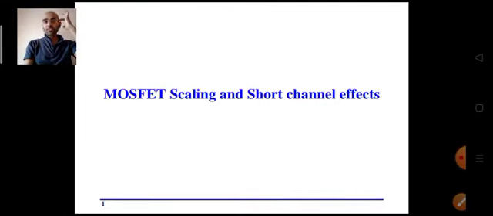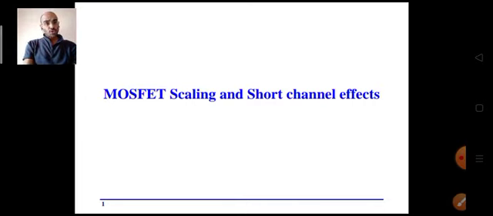When I say scale down, it means to reduce the device dimensions. As per Moore's law, we know that the device area, whatever area the device occupies, becomes half in approximately every 1.5 to 2 years.